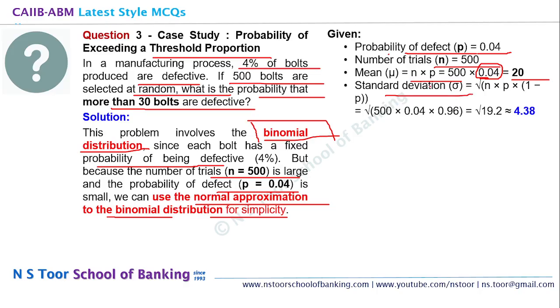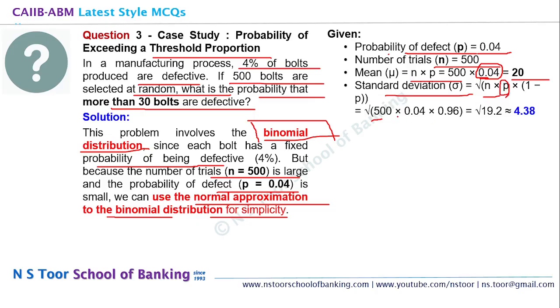नाउ व्हाट इज द डेफिनेशन ऑफ स्टैंडर्ड डेविएशन ऑफ पॉपुलेशन? उसका फॉर्मूला क्या है? स्क्वायर रूट ऑफ n इंटू पी इंटू 1 माइनस पी। सो यहाँ n कितना है? n इज इक्वल टू 500. So 500 is our n into what is the probability? That is 4%. 4% means 0.04.